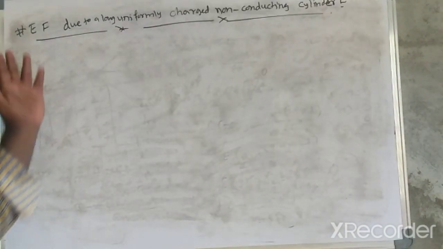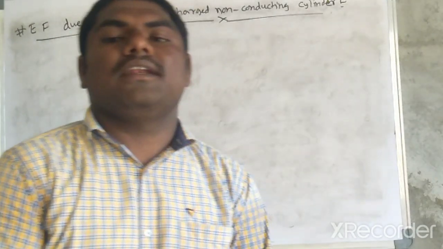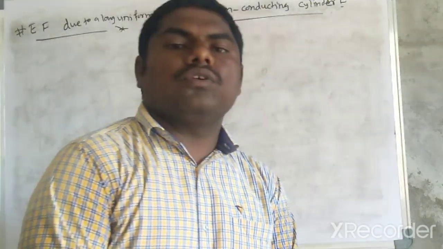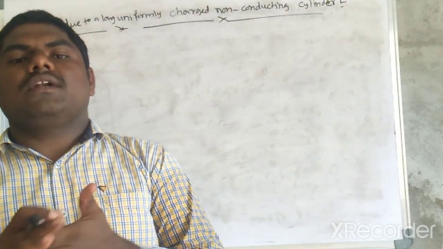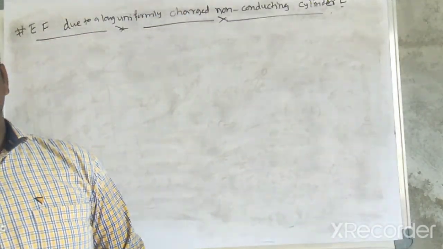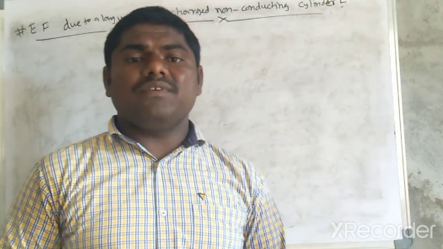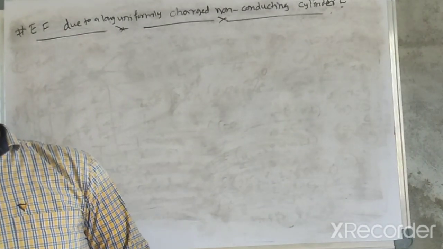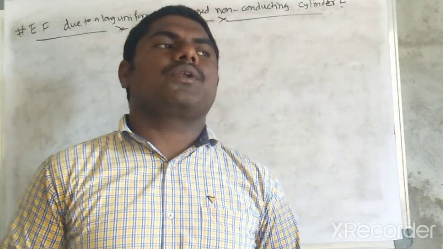Now another application: electric field due to a long uniformly charged non-conducting cylinder. The conducting cylinder we already discussed previously. So let us discuss the electric field due to the uniformly charged non-conducting long cylinder. The figure shows a long cylinder of radius capital R, uniformly charged in its volume with charge density rho.